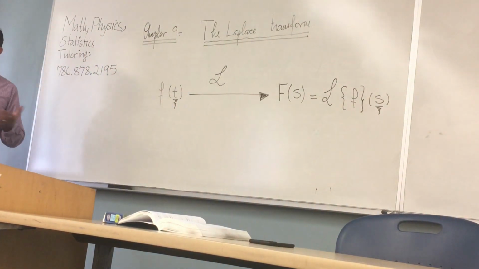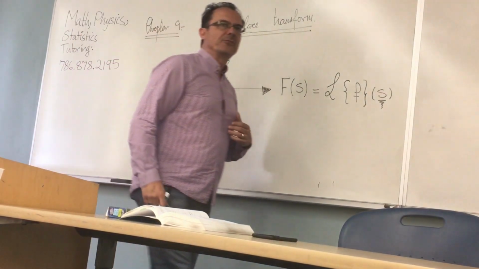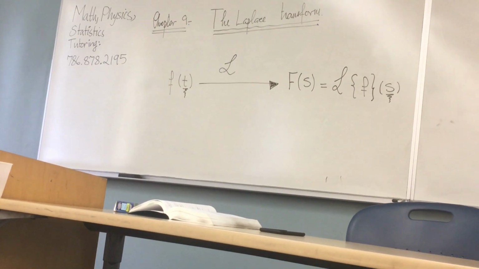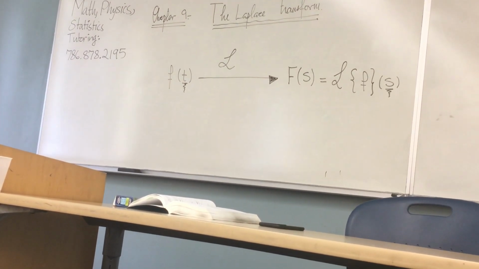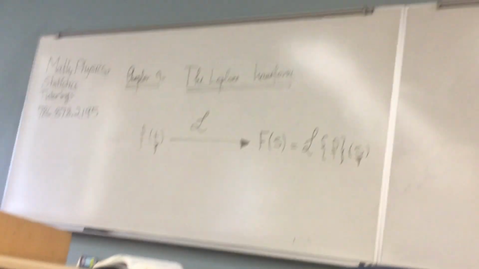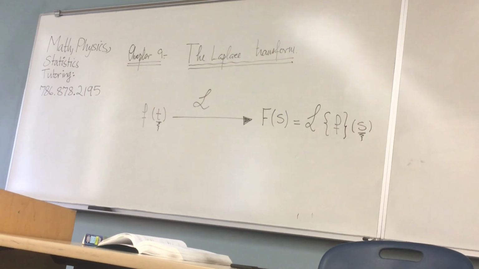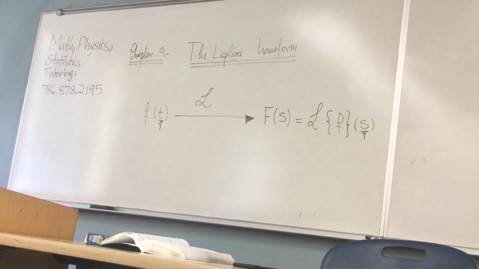Think of, for the sake of simplicity, that the function f of t has a domain. t is time. Start measuring time, t equal to 0 now, forward, so that the domain of the functions f(t) we're going to take the Laplace transform of is positive real numbers, from 0 to plus infinity.